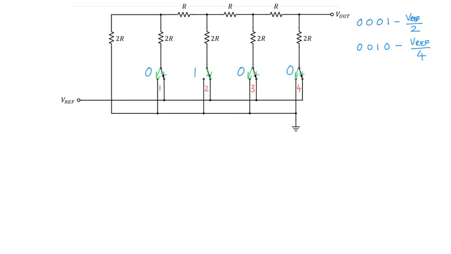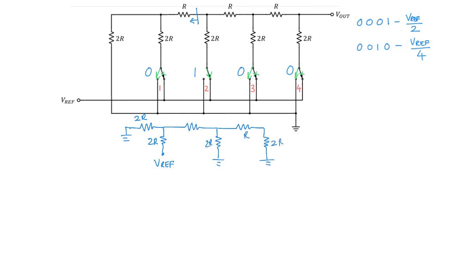Now, as we looked at before, the circuit that is connected on this side you can just reduce to a resistance of 2R connected to ground. And then you have 2R with V ref connected here. And then you have R, 2R connected to ground, R, and 2R connected to ground, 2R, R, and that's V out.